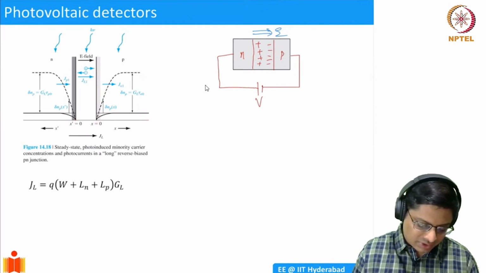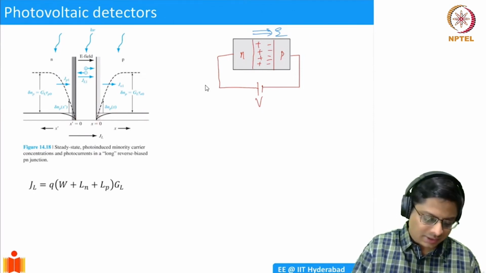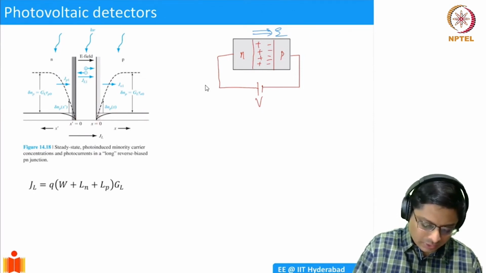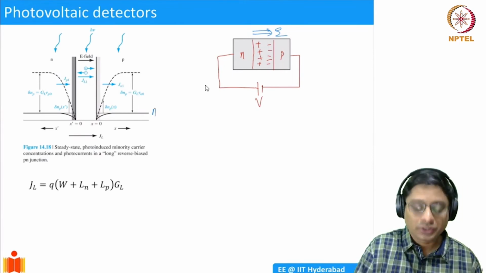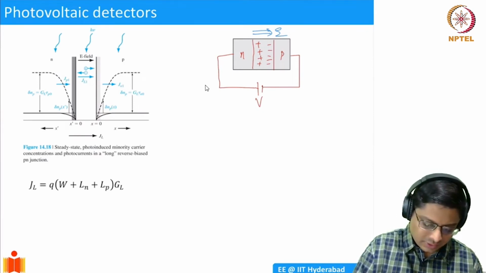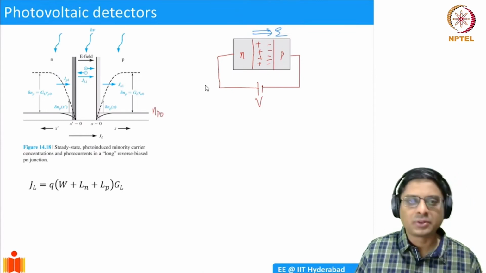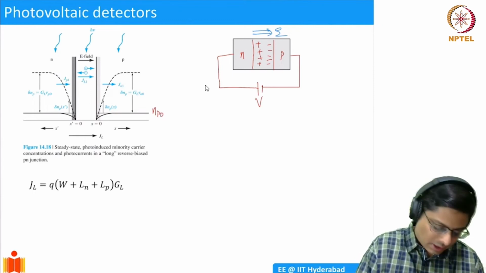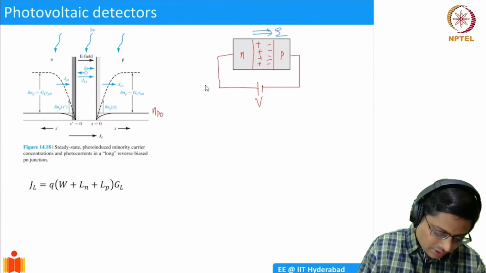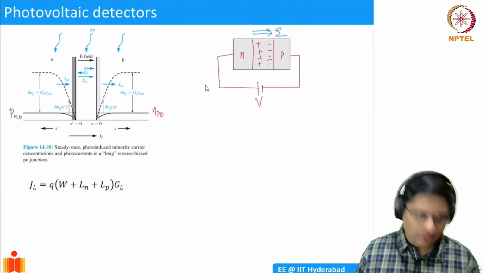So you have the depletion region, and let's say this is a P type on the right. So this should be the equilibrium concentration of electrons, which I can write as np0, the equilibrium concentration of electrons in the P region, and in the N region you'll have minority carriers pn0, right?